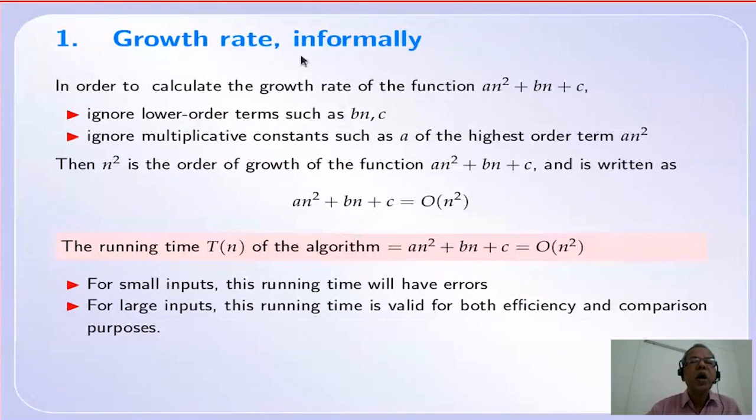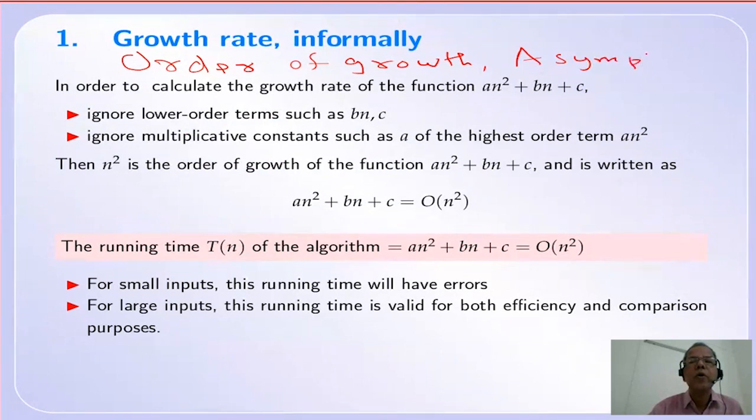Growth rate or order of growth, or asymptotic growth. Till now, we have not precisely defined what we mean by asymptotic growth rate or order of growth.